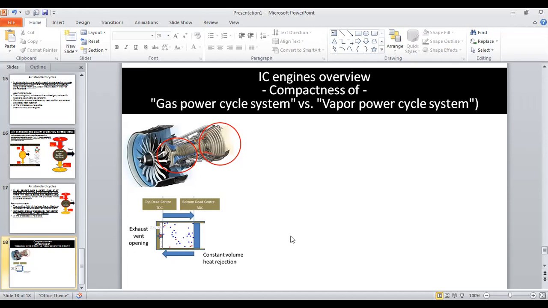But when it comes to vapor power cycles, earlier we have learned about this. It is the same as steam power plants.